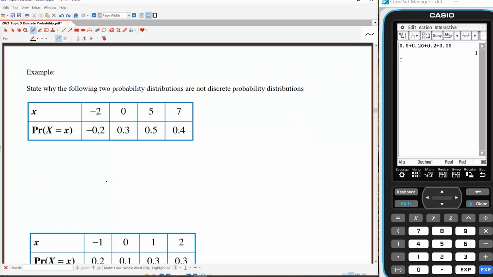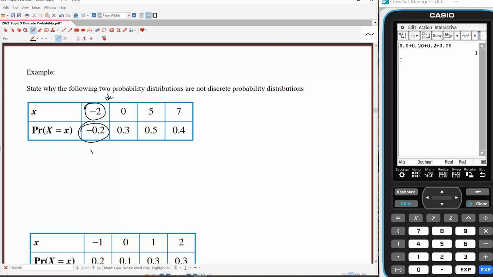So state why the following 2 probability distributions are not discrete probability distributions. So that is actually okay. We can get the random variable to take on the value -2. What we can't do is get a probability that is less than 0.